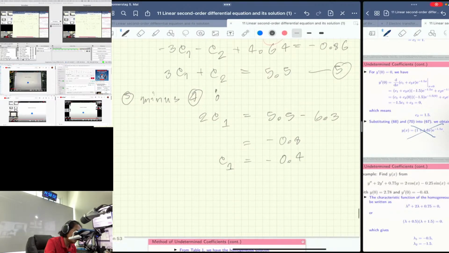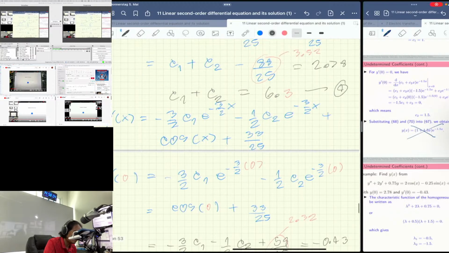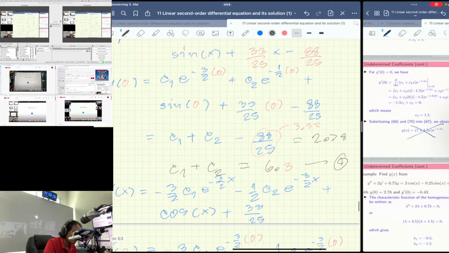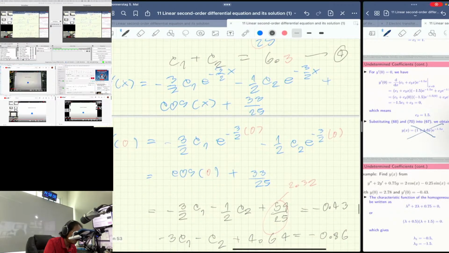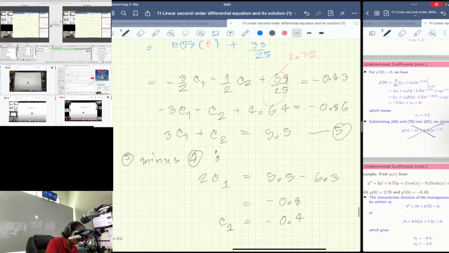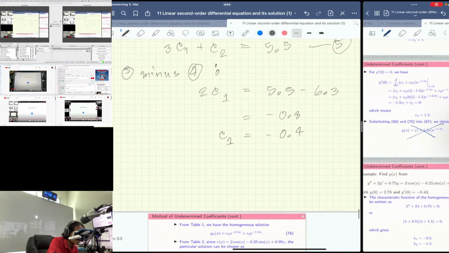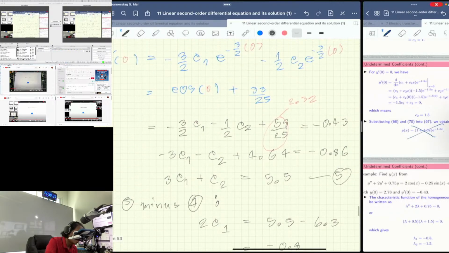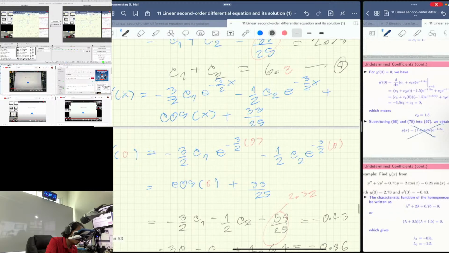And C2, what is that? C2 will be 6.3 minus C1, right? Substitute C1 equal to negative 0.4 into equation number 4.